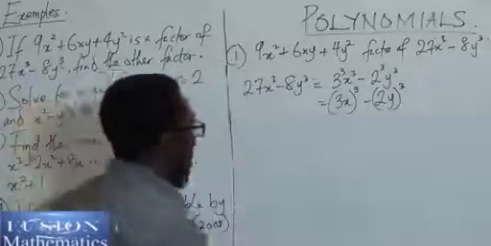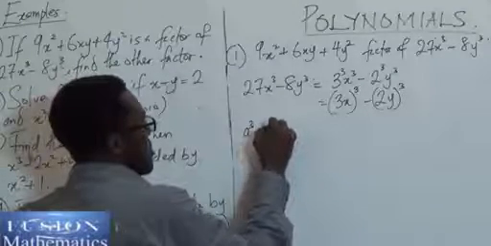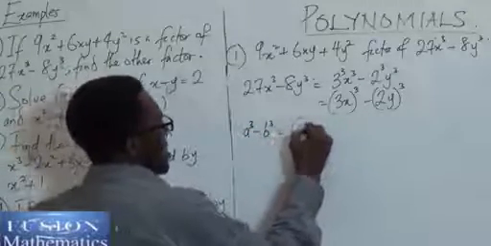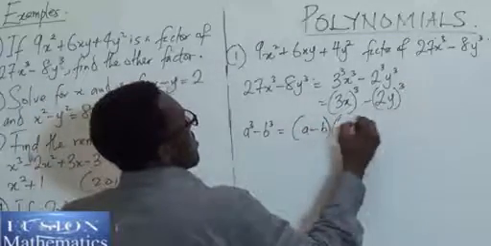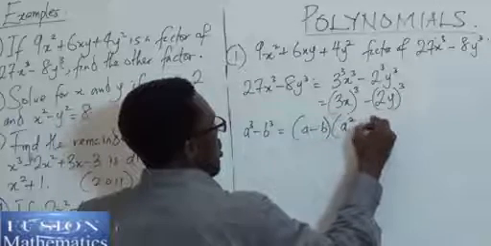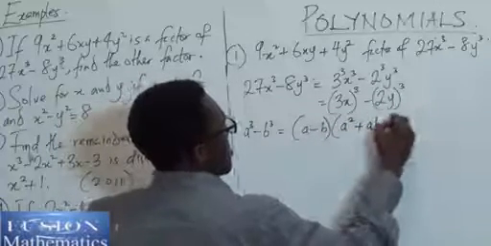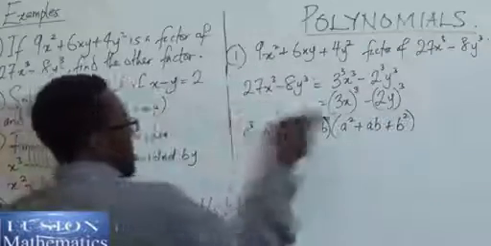Now, we established earlier that if you have a cubed minus b cubed, this is the same thing as a minus b, times a squared plus ab plus b squared. So let's apply it in here.